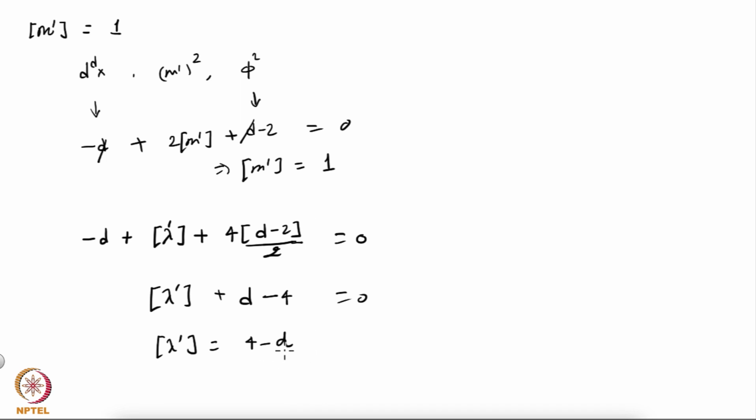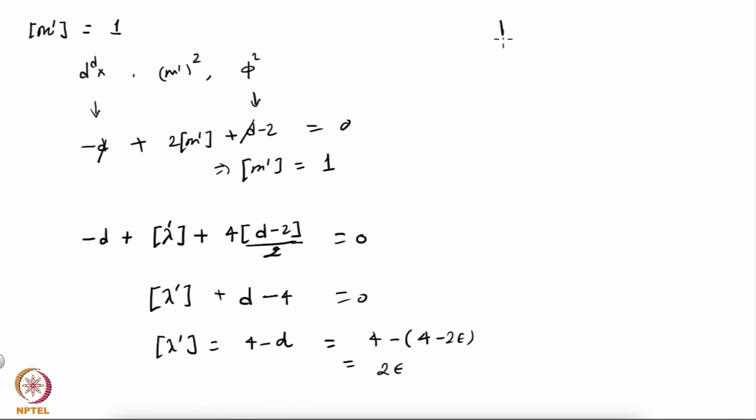As you see, this is correct, because if d is 4, then you get 4 minus 4 which is zero, so lambda prime becomes dimensionless in 4 dimensions, which is something you already knew. And in 4 minus 2 epsilon dimensions it becomes 2 epsilon. So lambda prime has dimensions 2 epsilon.